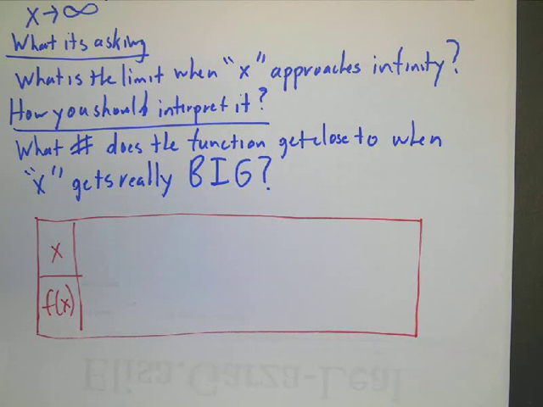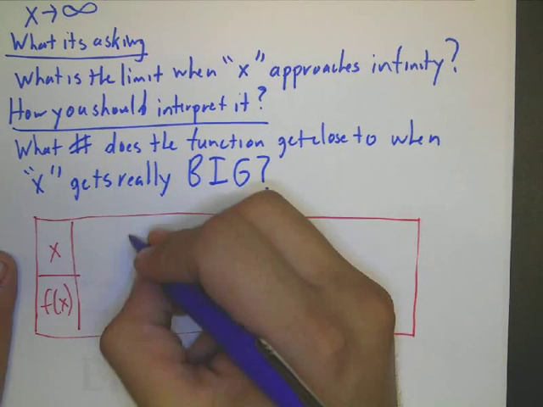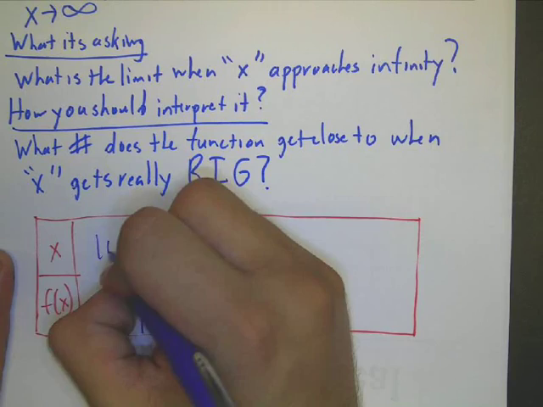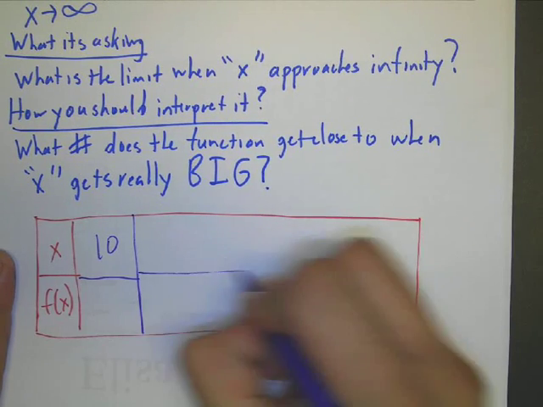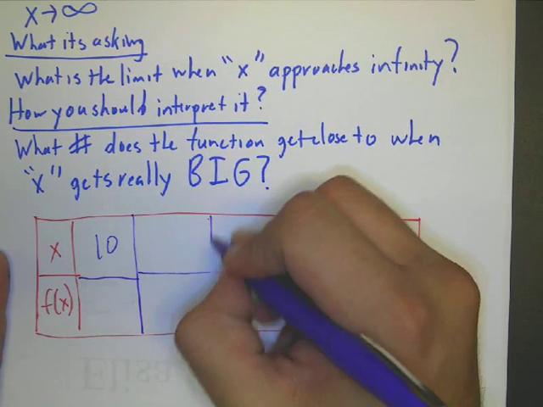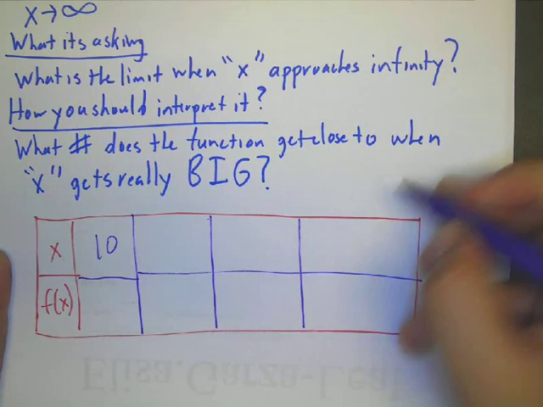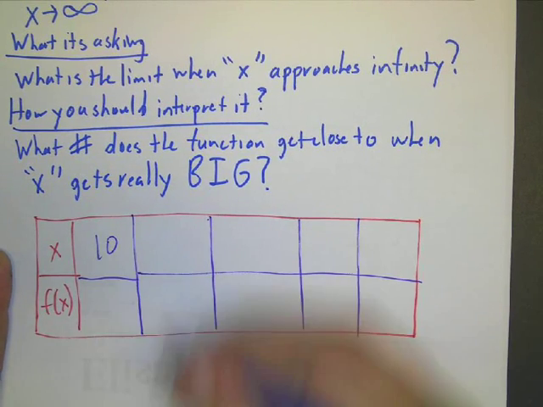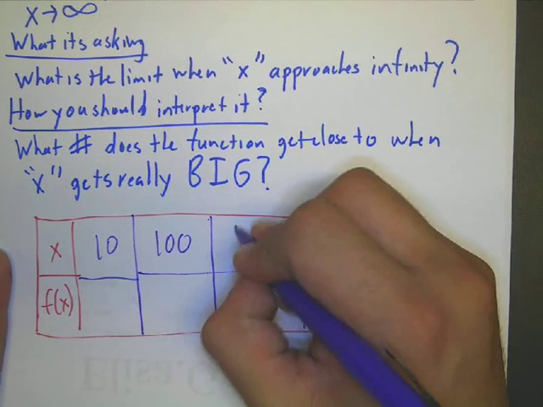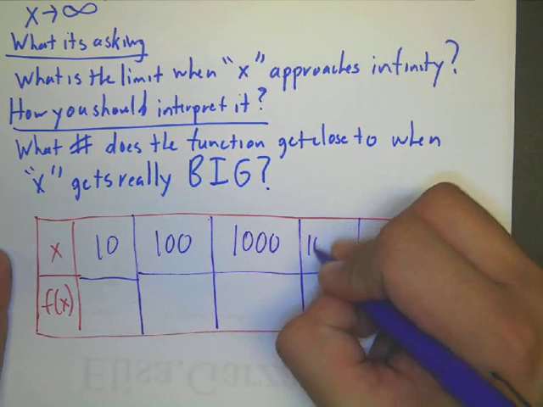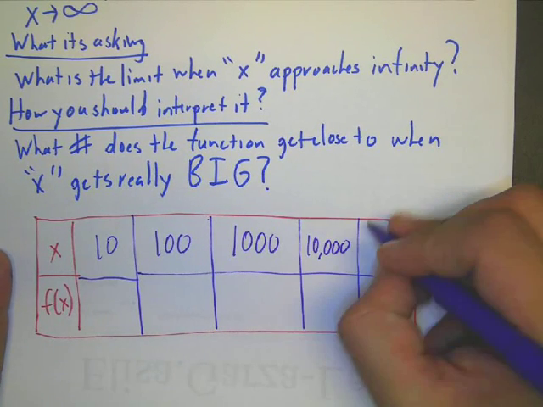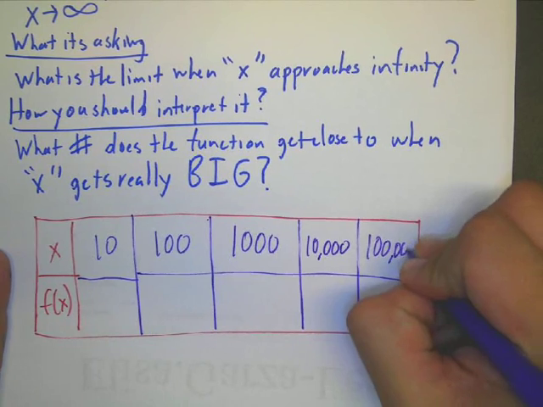So we're just going to say 10. Let me split this up into 5 different boxes: 10, 100, 1,000, 10,000, and 100,000. So we split this up into 5 segments. Does everyone understand why I'm going up like that?